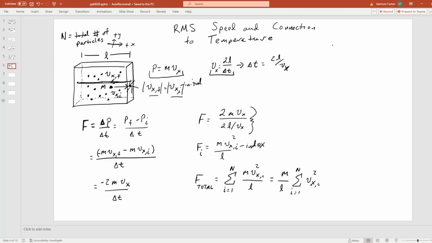And so then F average is going to be, what you're basically doing is multiplying this by 1 in the form of n over n. And what happens here is that I have n times m over L, but then I'm going to group the 1 over n with the summation.